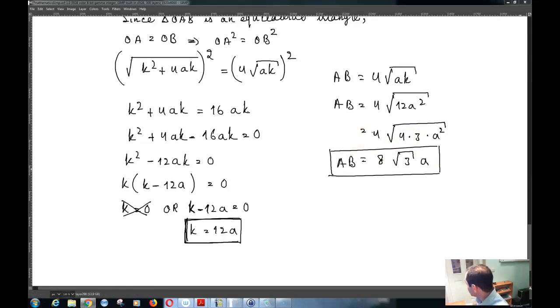So now we are at the end of this chapter. This was chapter 11 of class 11. The next chapter that we have is chapter 12, class 11, which is about three-dimensional geometry.